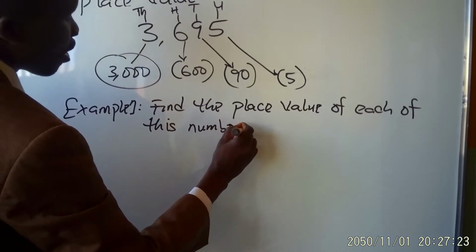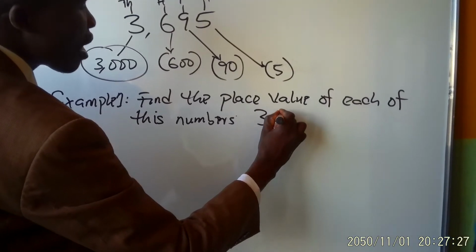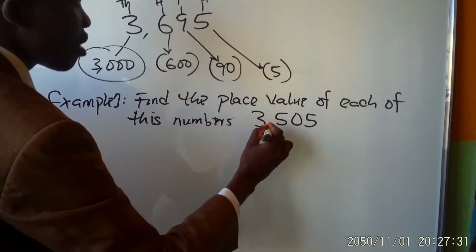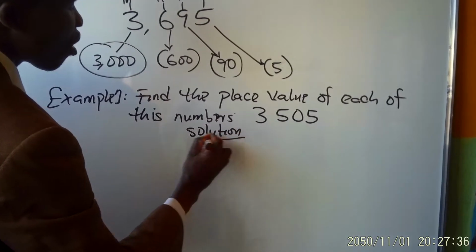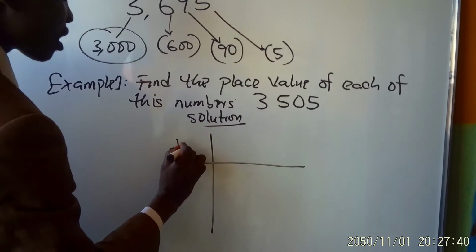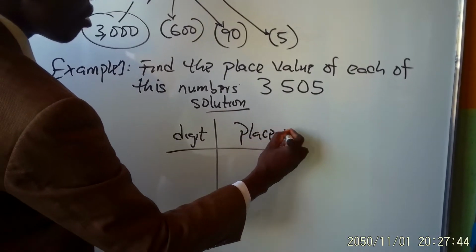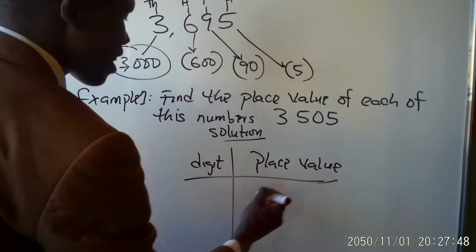Okay, you have 3, 5, 0, 5. Now let's find the value of each. You can draw like this. This is digit, and this is place value. I hope you are following my class. Okay, thank you very much.